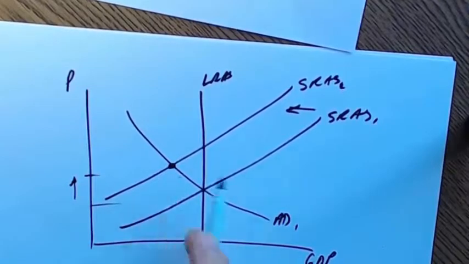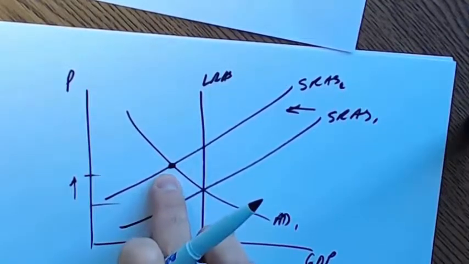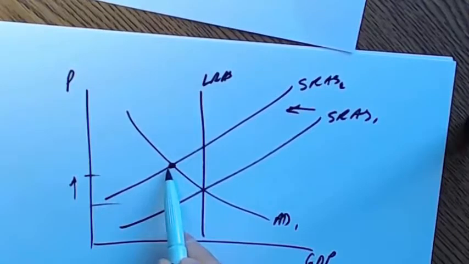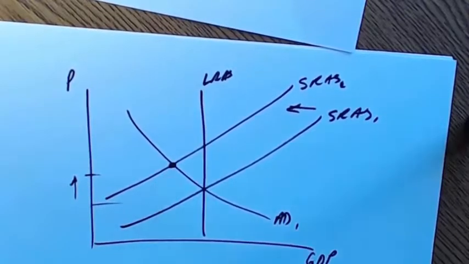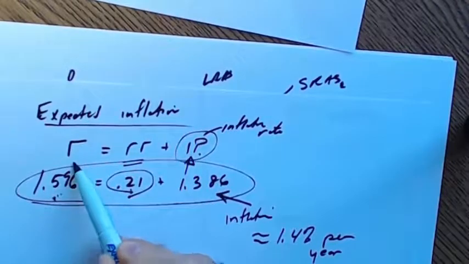And what happens? Interest rates go up when the price level goes up. That's what I was showing you back here in this equation. When inflation goes up, interest rates go up.